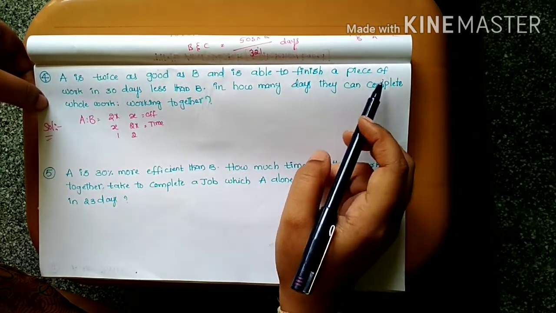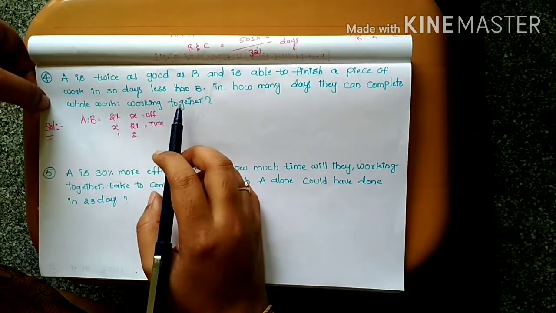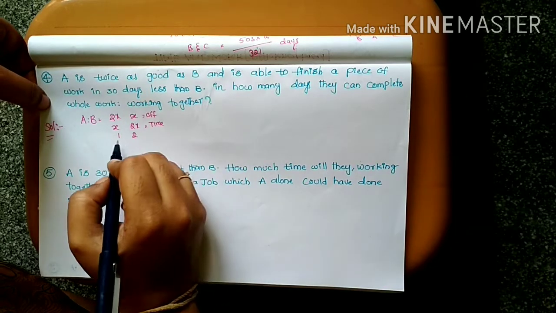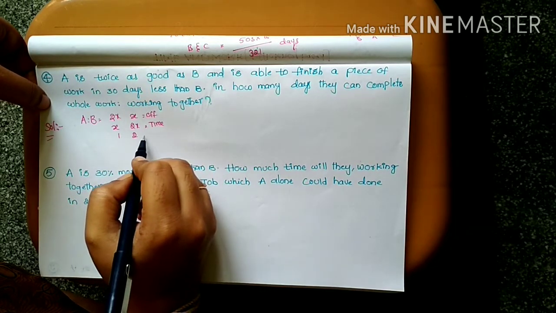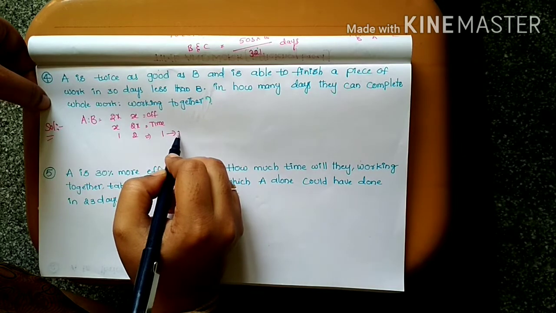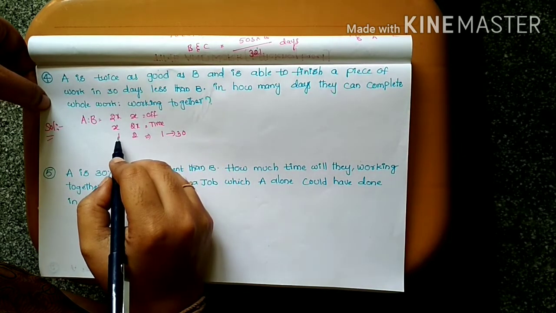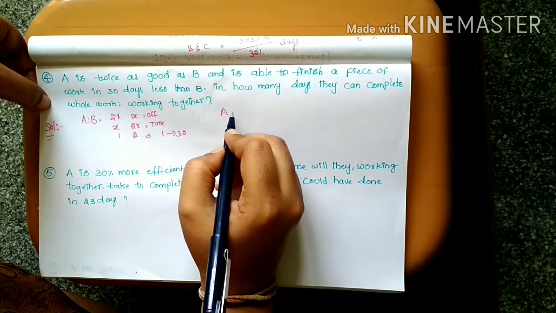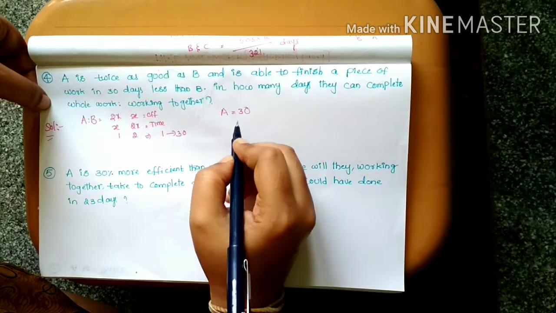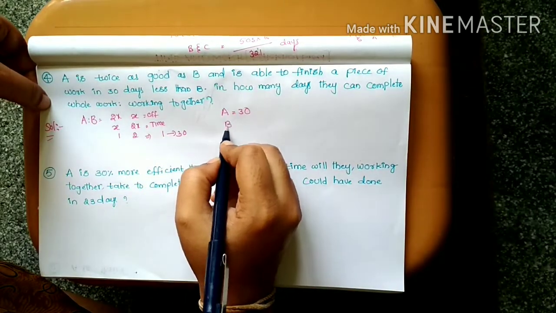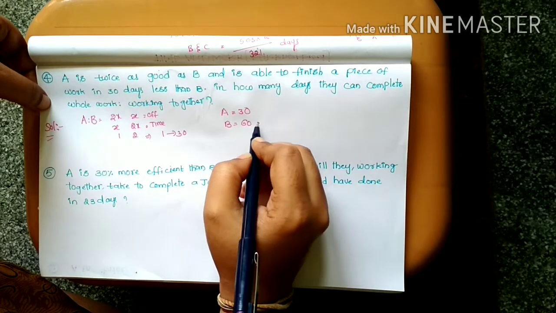A is able to finish the work in 30 days less than B. So 2 to 1 in time. The difference of one part is equal to 30. 1 into 30, 30 days. A is 30. 3 into 2, 20 is not needed; B is equal to 60 days.